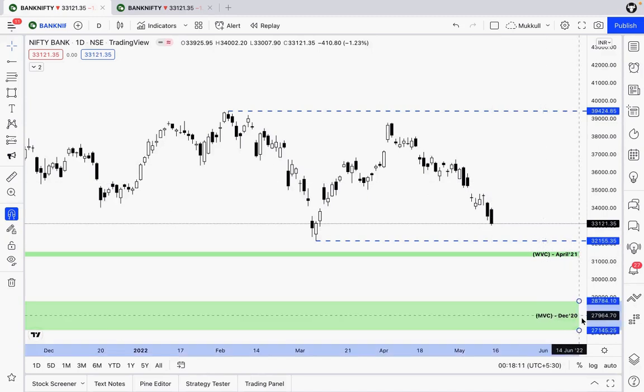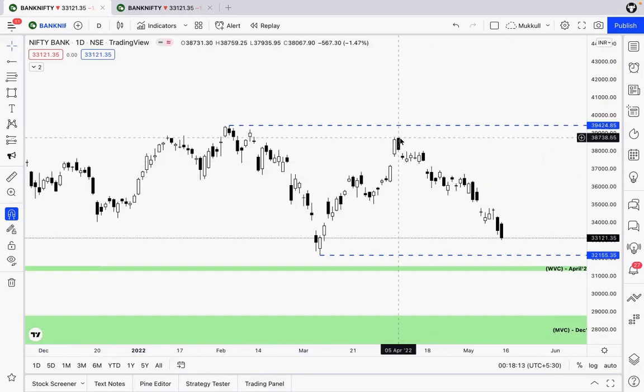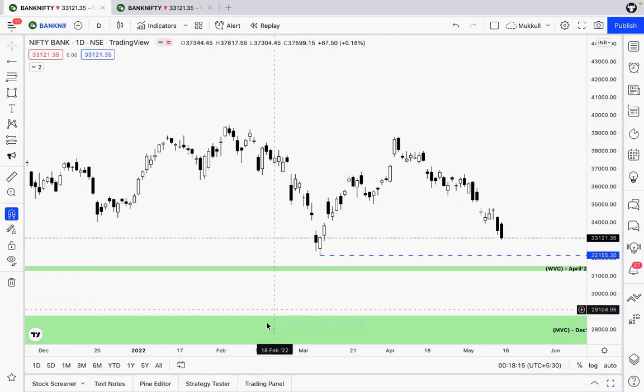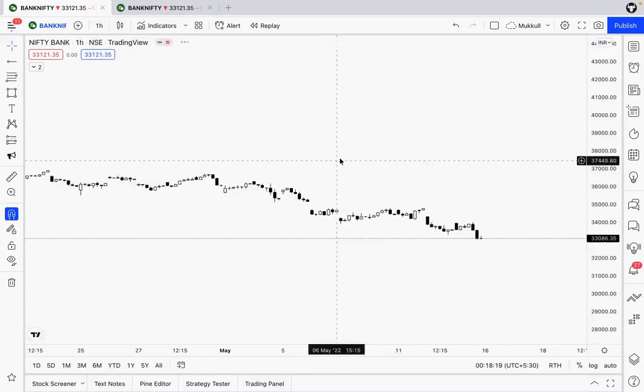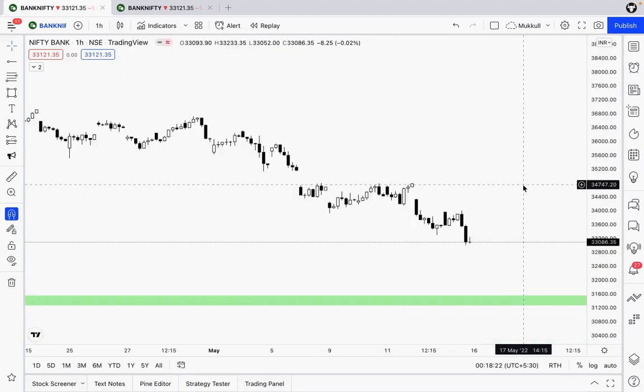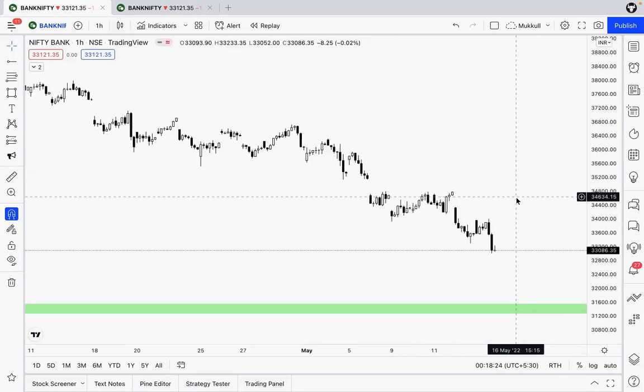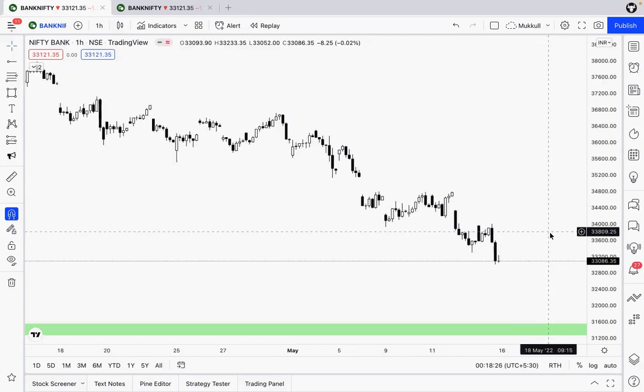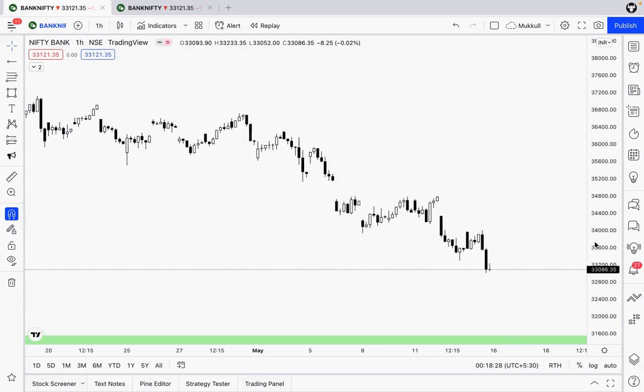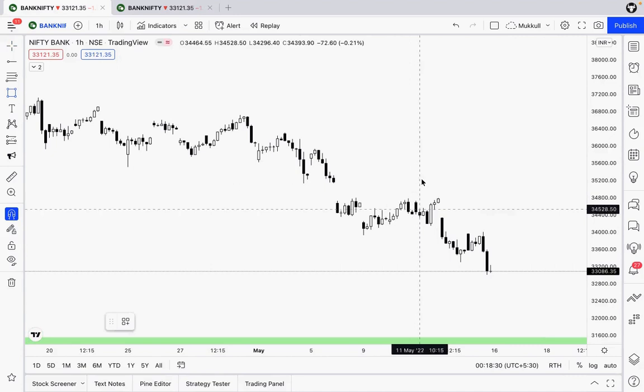So this is what we have discussed about Bank Nifty on a higher time frame. Now let's go and check out the 1 hour. Look, the same pattern we had in Nifty was formed up here. Similar patterns.